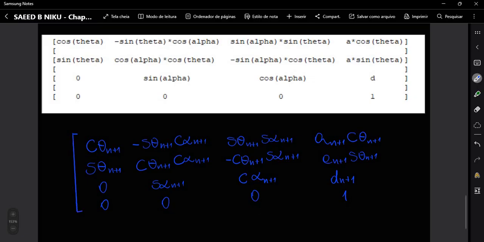Can't wait to use this in a real application with a robot arm using the simulator. Actually, let me see if RoboDK has this feature, DH representation.